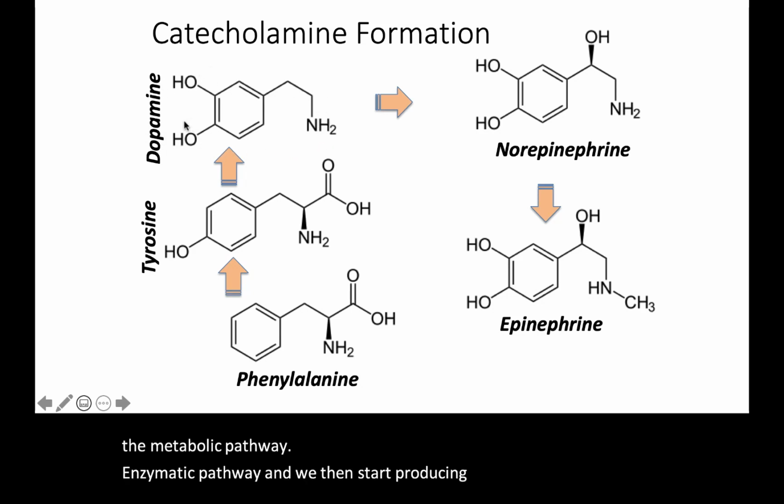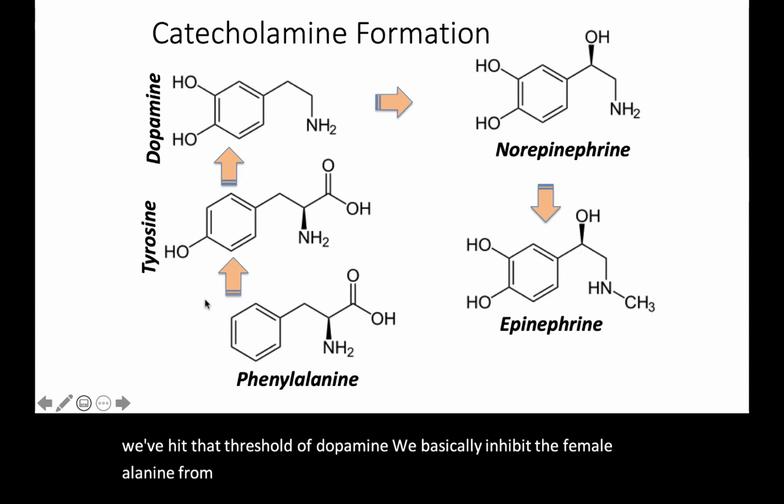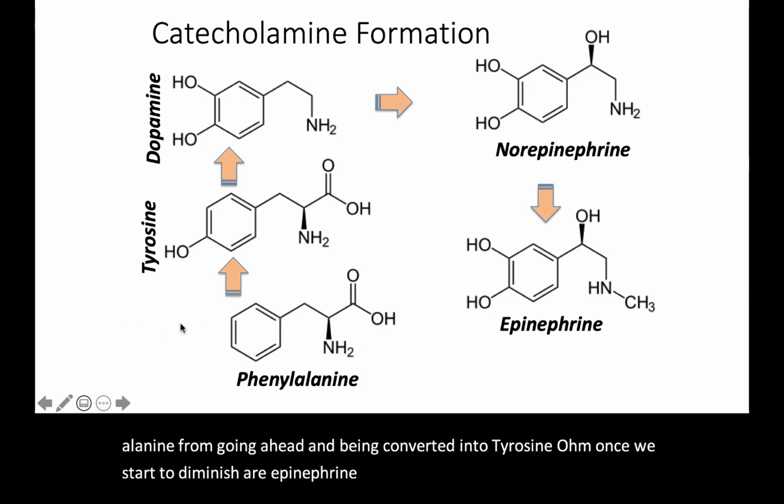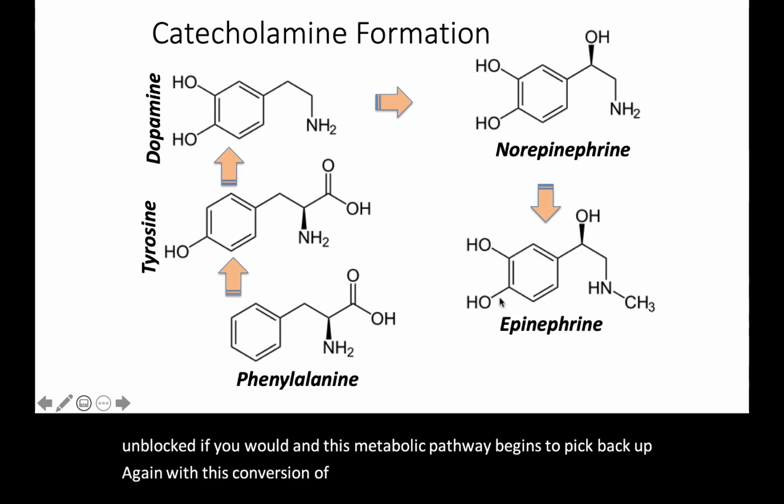Once we've hit that threshold of dopamine, we basically inhibit phenylalanine from being converted into tyrosine. Once we start to diminish our epinephrine levels, then phenylalanine is unblocked, and this metabolic pathway begins to pick back up again with the conversion of dopamine to norepinephrine to epinephrine.